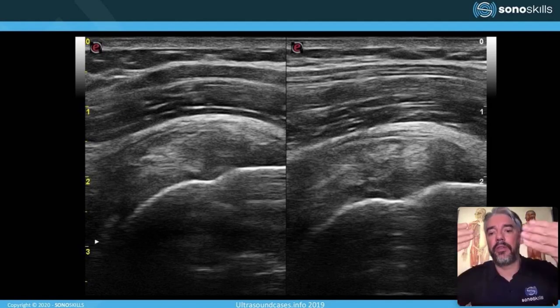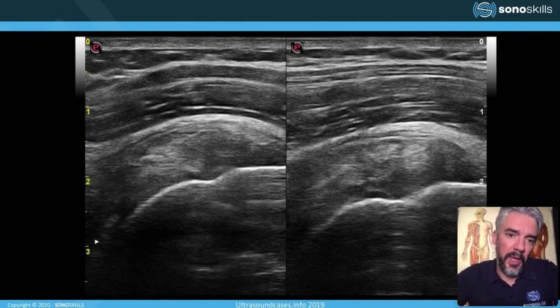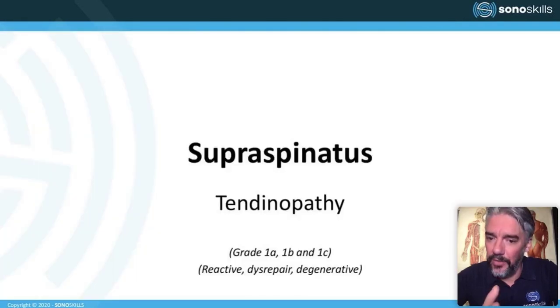But we still see that most fibers are intact. So this is a tendinopathy, and I would say a 1C tendinopathy. It's more than 50% of the tendon. The whole tendon is involved, and I would say this is a tendon in disrepair. It's not degenerative. It's in disrepair.